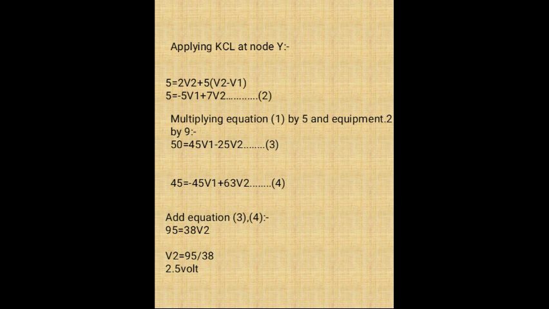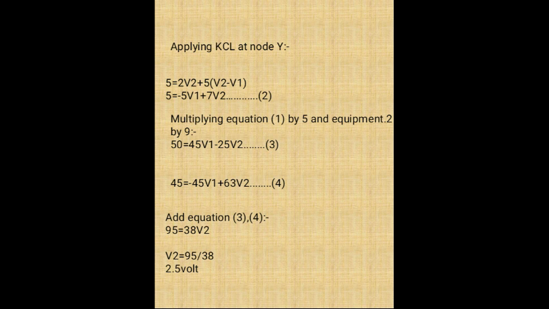Now, in the second case, we apply KCL at node 2. The KCL equation is 5 = 2V2 + 5(V2 − V1). Simplifying, 5 = −5V1 + 7V2, equation number 2.